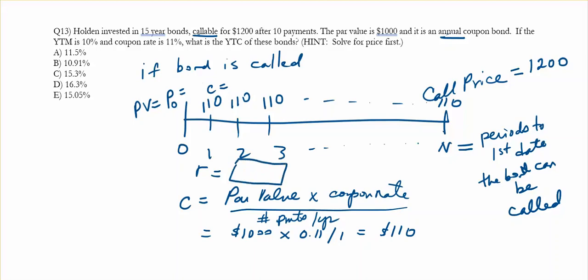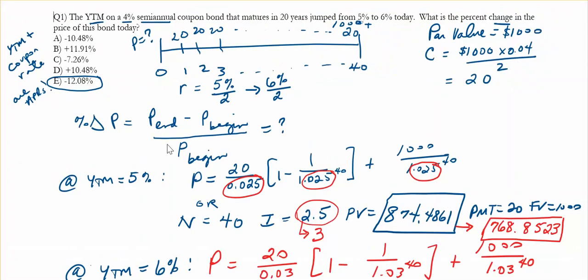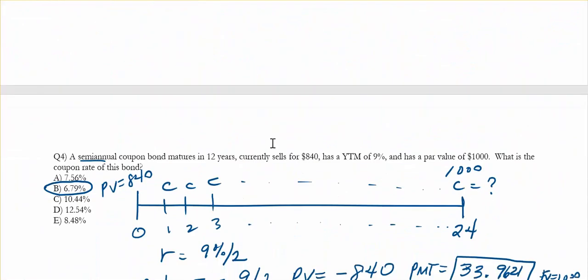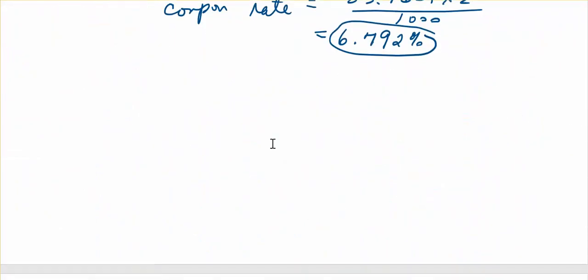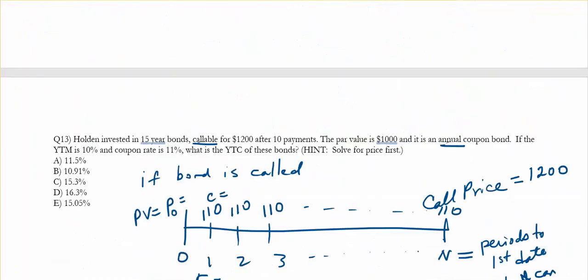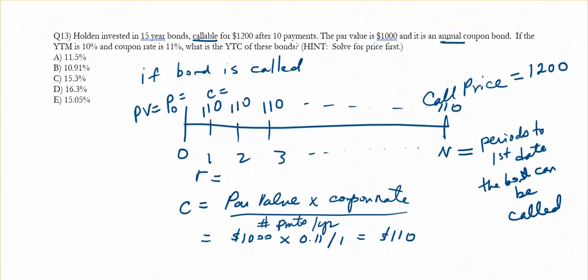The yield to call will be what satisfies this timeline here, what I've drawn. So I need to know what the price is today so that I can find R, because that's going to be my yield to call.